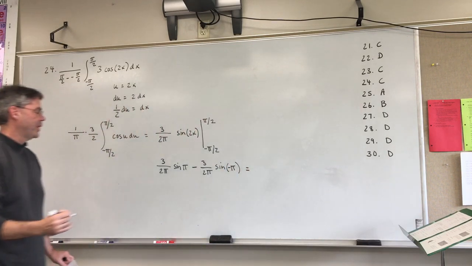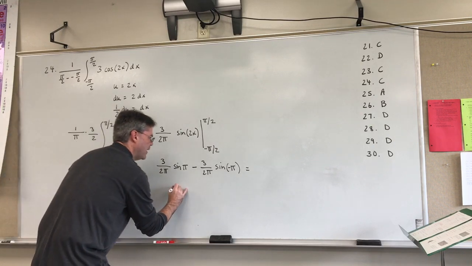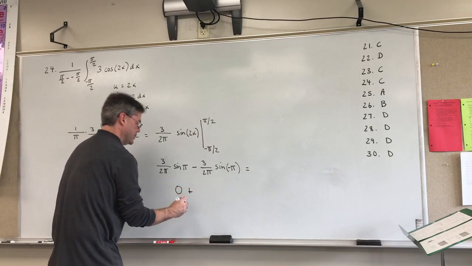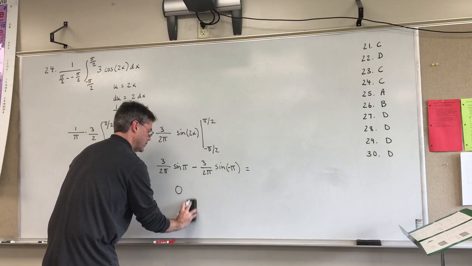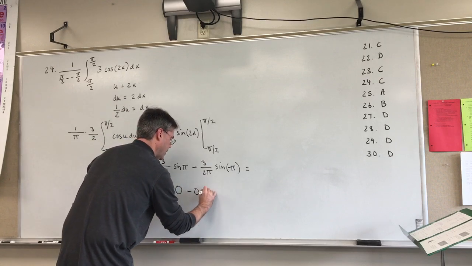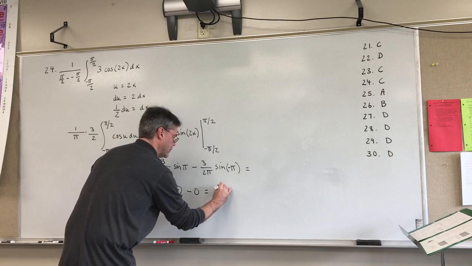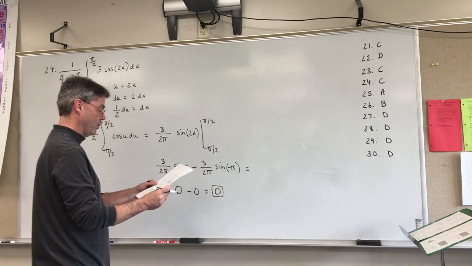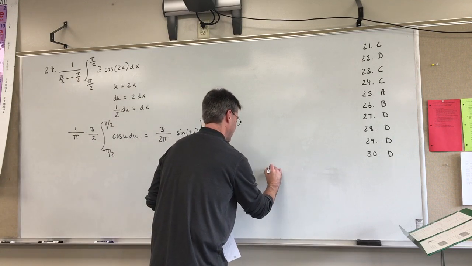Well, the sine of pi is 0. The sine of negative pi is 0. So it's 0 minus 0 is 0. So I sure hope 0 is an option on number 24. It is. It is C.